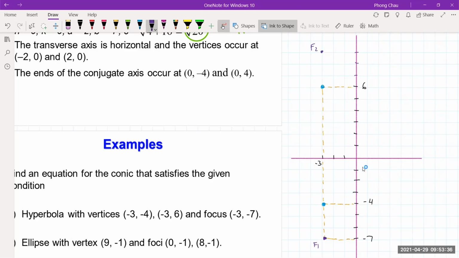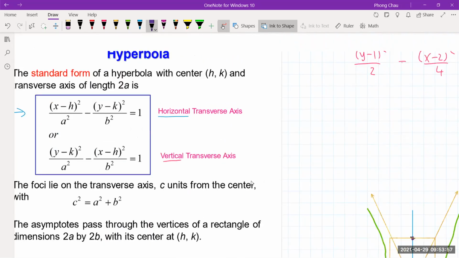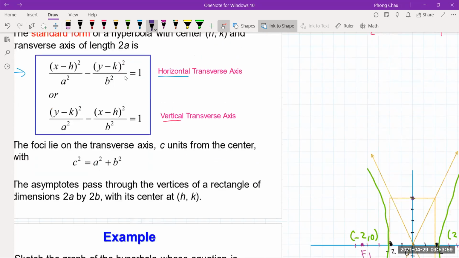So now, the first thing that determines the hyperbola equation: we have two forms of hyperbola, the vertical and horizontal transverse axis. You can see that all of these special points are on the vertical line. So it is definitely a vertical transverse axis, see this one over here.